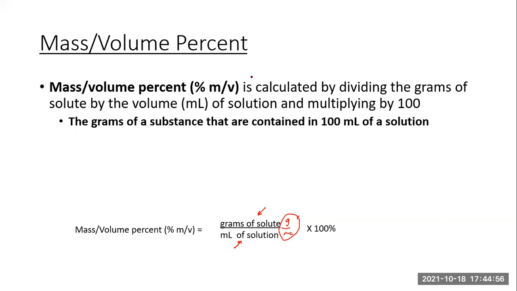And in this case, the units really don't cancel out, but we do leave it usually as percent M over V. And just like the other two that we saw there, if you have a 4.50% mass to volume calcium chloride solution, what that would mean in this case is you had 4.50 grams of calcium chloride in 100 milliliters of solution.